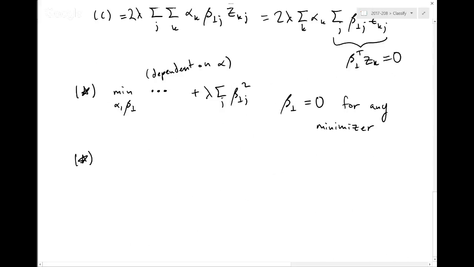a program in p variables, right? The beta had p variables. Now we've turned it into something where we're minimizing over alpha. I'll just write it out. Sum i equals 1 to n of loss of yi, and now the zi transpose beta is written as a sum over k, alpha k, zi transpose zk.